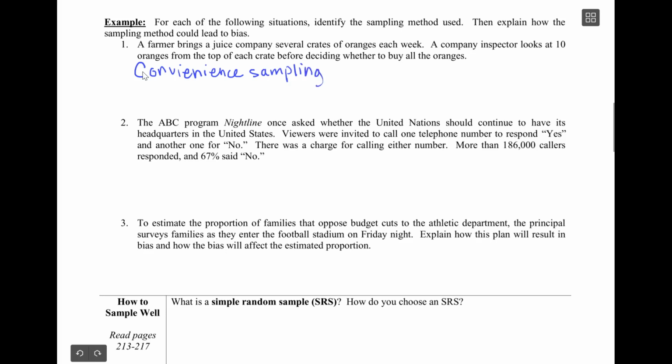Because this is the worst inspector ever, they don't even bother to look at the bottom of the crate. And if the farmer knows this, the farmer could be just putting the best oranges at the top of the crate, which leads to an underrepresentation of the spoiled oranges or the damaged oranges.